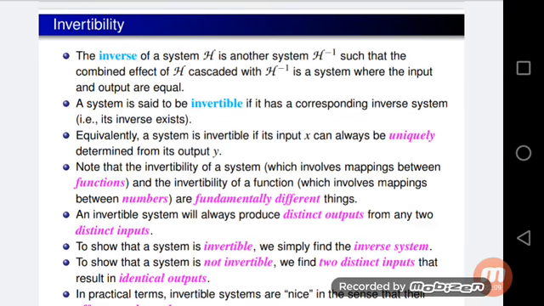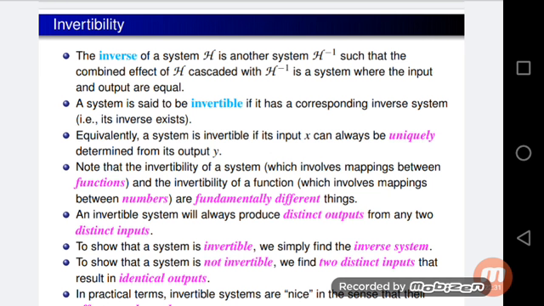Next one is invertibility. Invertibility means inverse. For example, a system function is represented by H, and the invertible function is represented by H inverse. That's why these are called invertibility functions.